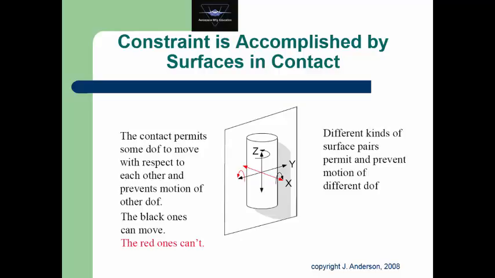So how many ways can this part move? Well, it can translate along the z-axis. That is, it can move linearly along the z-axis. It can move linearly along the y-axis.